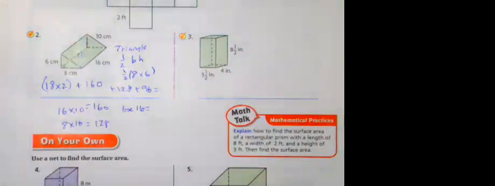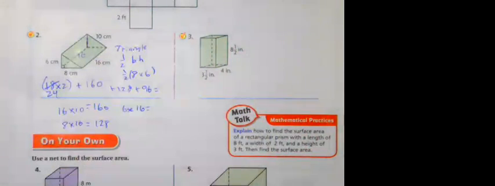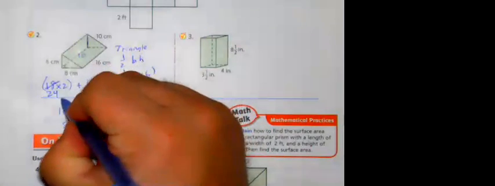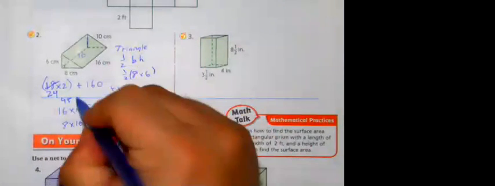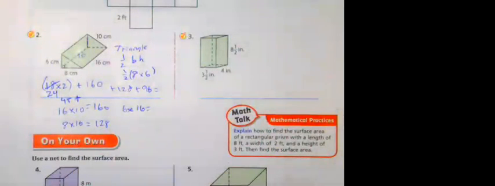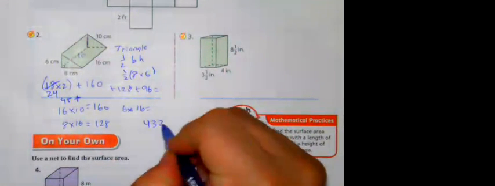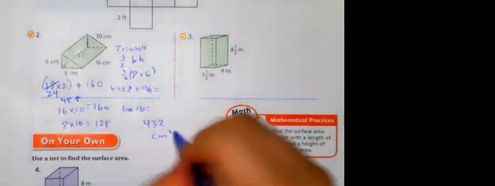So 8 times 6 divided by 2 is 24. 24 times 2 is 48. So we should have 48 plus the rest. Okay. So 48 plus 160 plus 128 plus 96. And you get a total of 432 centimeters square.